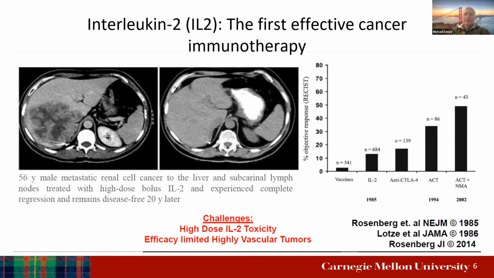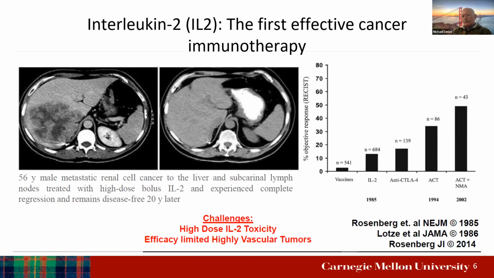Steve Rosenberg recently wrote a single-author paper summarizing advances in another disease, melanoma, showing how little response there was with melanoma vaccines back in the pre-80s. The response to IL-2 allowed 20 to 25% response rates.